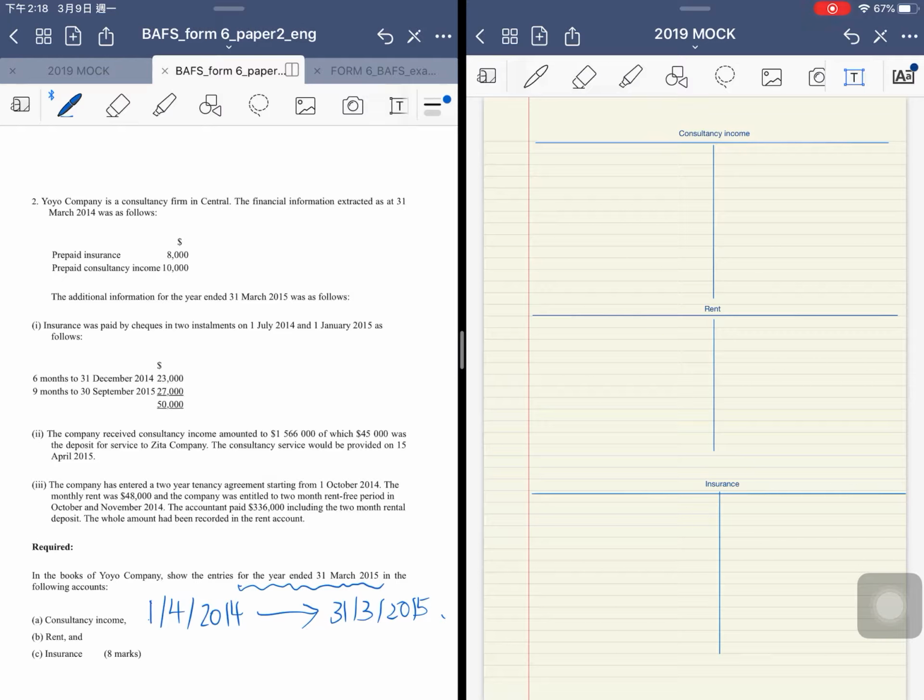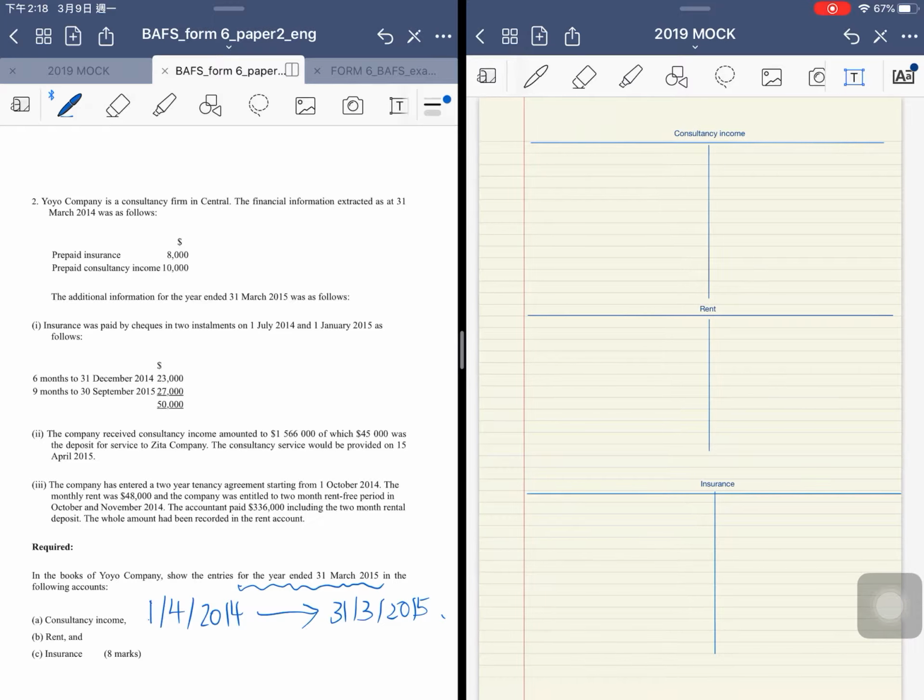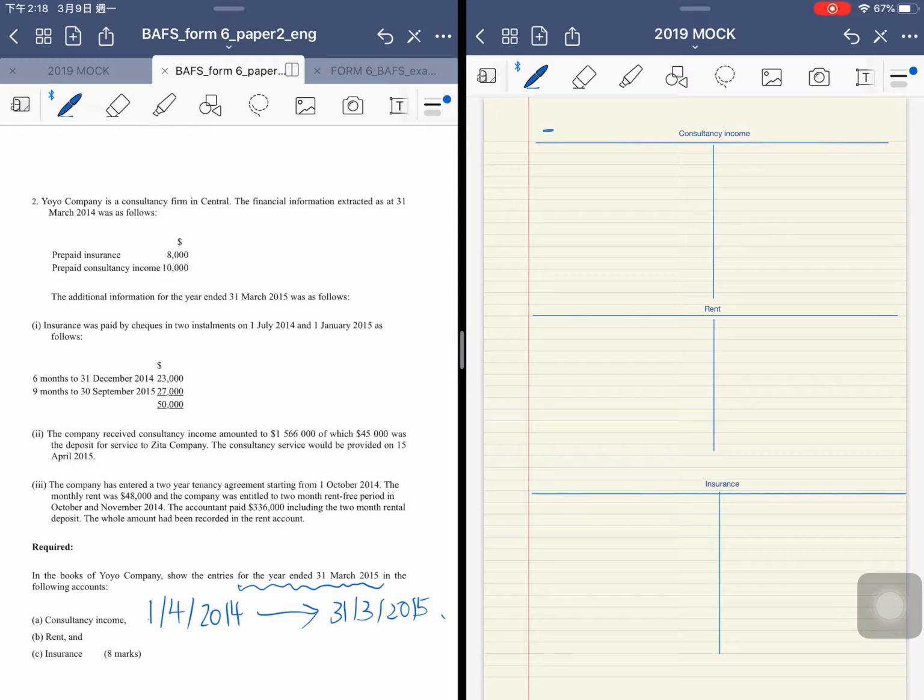Actually we have 3 accounts: consultancy income, which is a revenue account, so we decrease in debit and increase in credit. For rent and insurance, we increase in debit and decrease in credit.